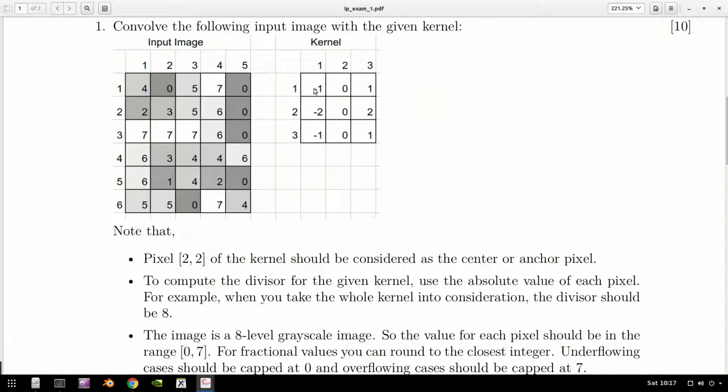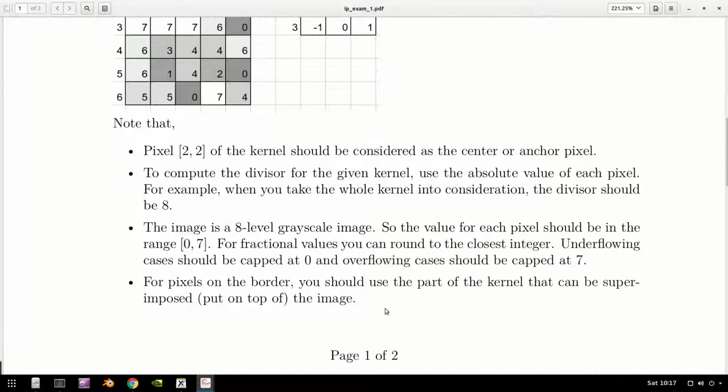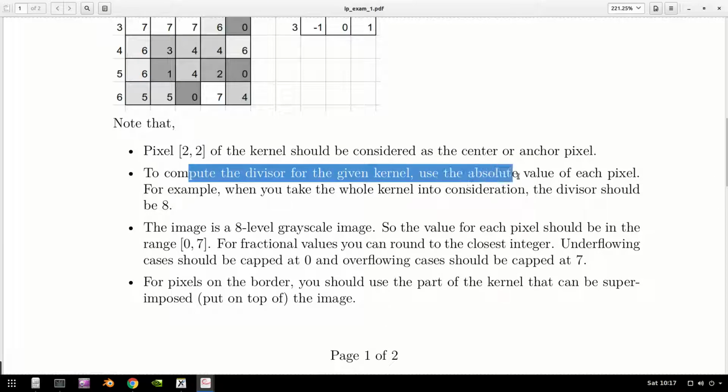The division part is going to be tricky because you have negative parts, -1 + 1, -2 + 2, and -1 + 1. If you add them up, that amounts to 0, which is definitely not going to work. So I said when you do the division, you have to consider the absolute value. Okay, so that's one thing.